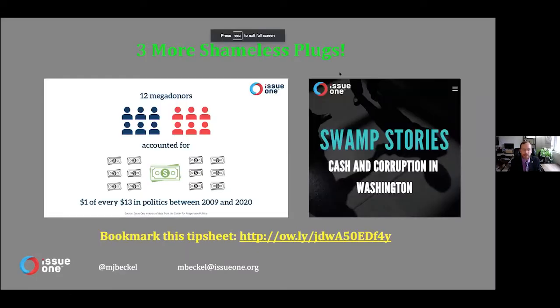And really quickly, before my time runs out, I also want to plug a couple last things. We just did a report about the outsized influence of megadonors in our political system, and using data from the Center for Responsive Politics, we identified that 12 megadonors, 6 who generally support Democrats and 6 who generally support Republicans, account for about $1 of every $13 of money in politics.